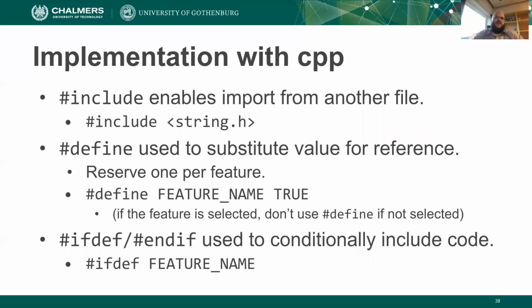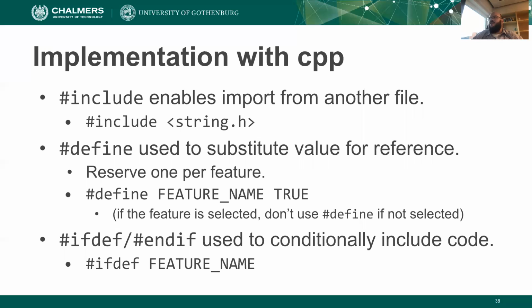So CPP, like I said, is mainly used for C and C++ development. It gives us means for file inclusion, lexical macros, and conditional compilation. And together, these three things enable the implementation of variability. So if you develop in C or C++, then you've seen the use of at least this pound include directive as a way to import functionality from another file, right?